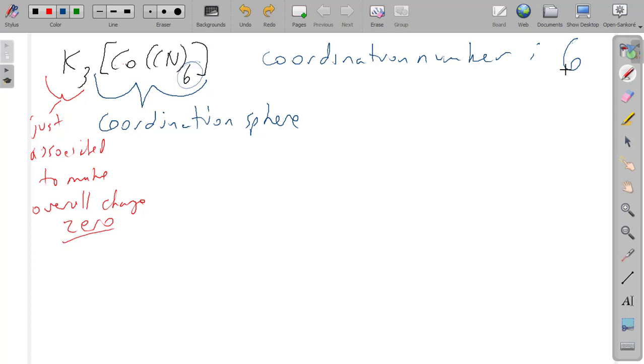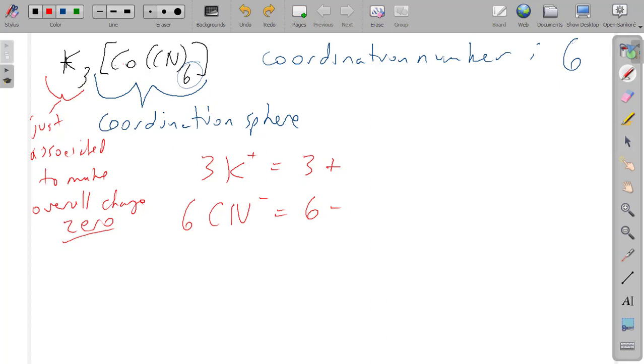Really straightforward, right? All right, but now for oxidation number. What we have here is 3 K plus, so that gives us 3 pluses overall, right? CN is negative, so that's 6 negatives overall, correct? Hopefully you're with me so far.